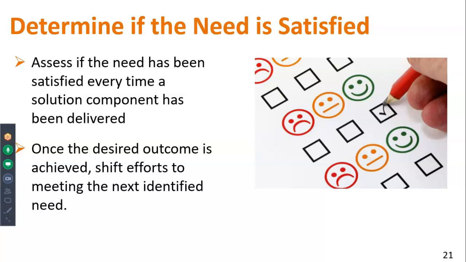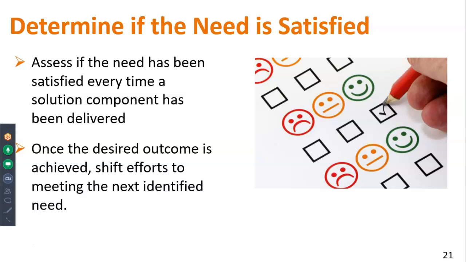This operates both at a higher level for the overall project or the overall initiative, and also at the lower levels. We should be constantly assessing, even when we get to the delivery horizon, the little bits and pieces that we're delivering. We should be able to break them down into measurable things.